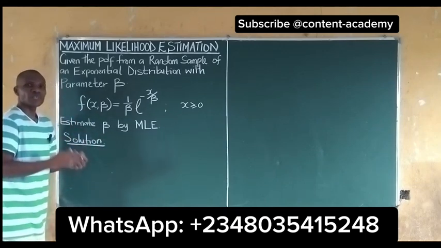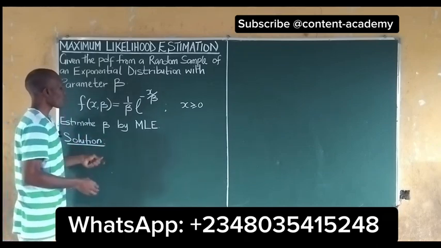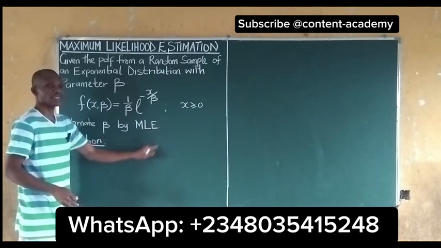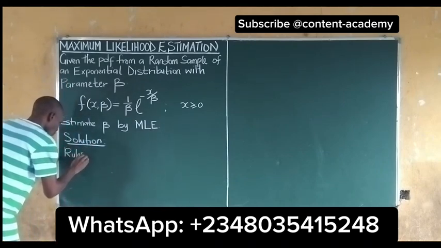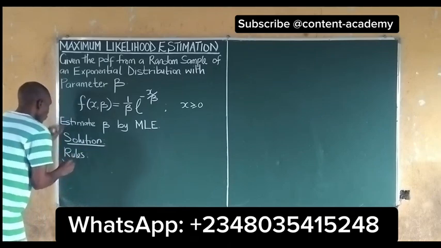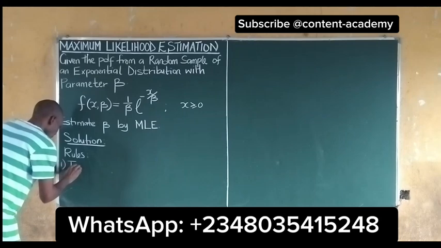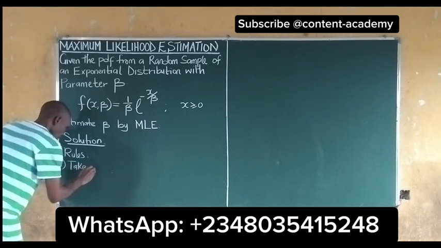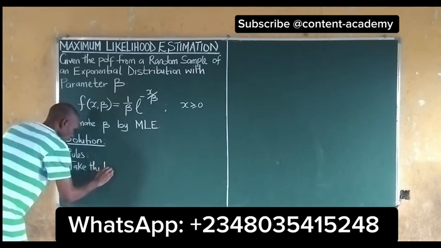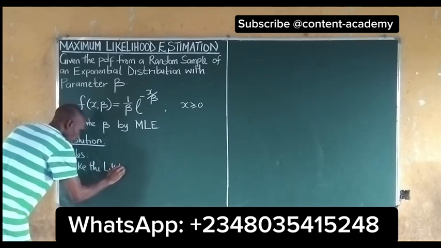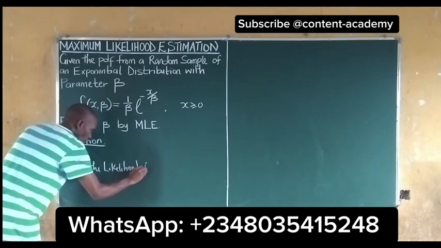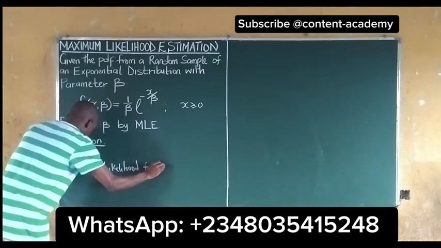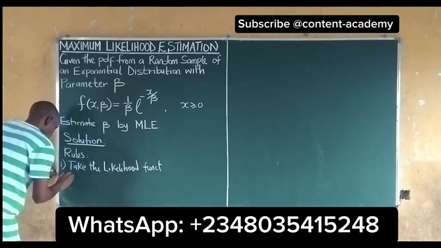First, we need to know the rules for solving maximum likelihood estimation. Rules. 1. We take the likelihood function. The second thing to do is to take the log.